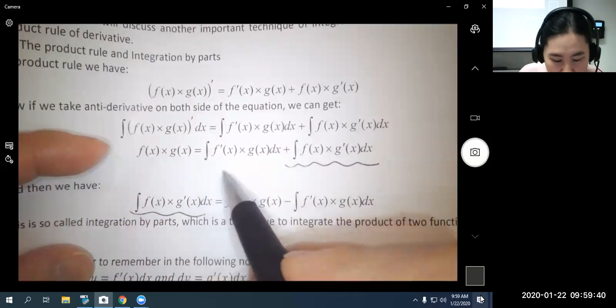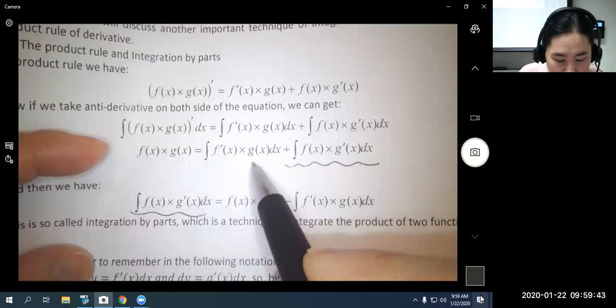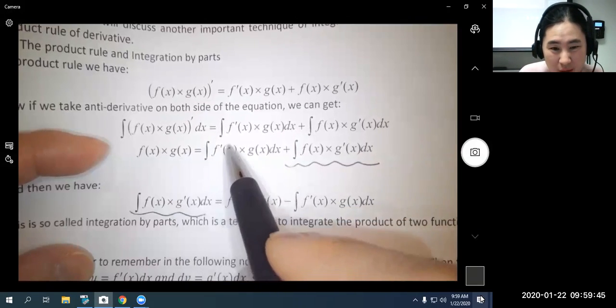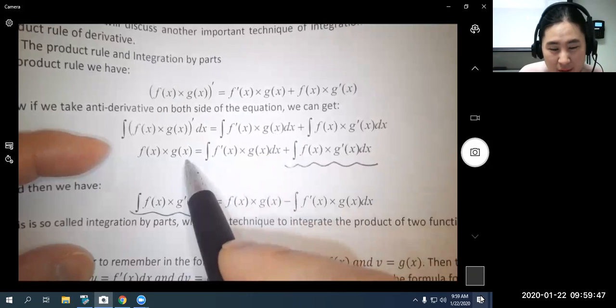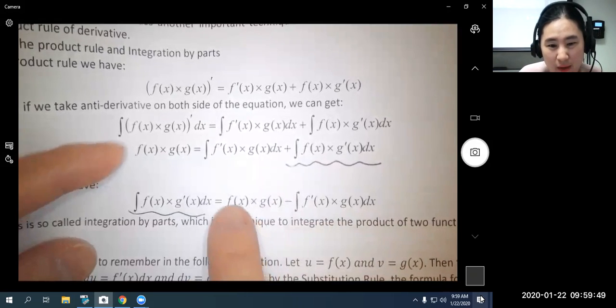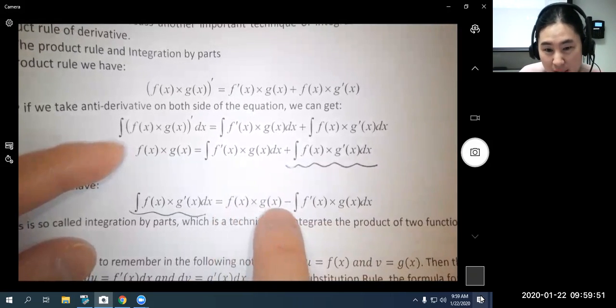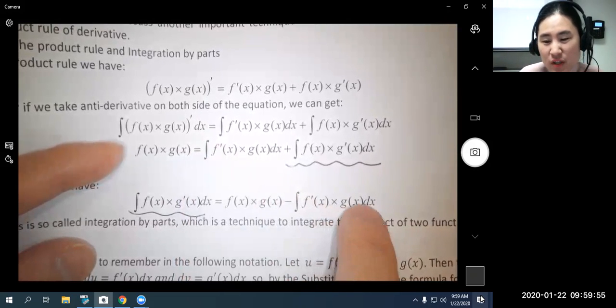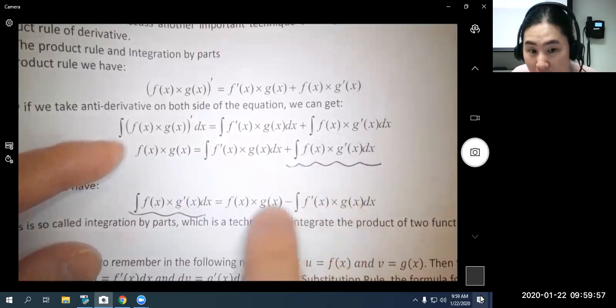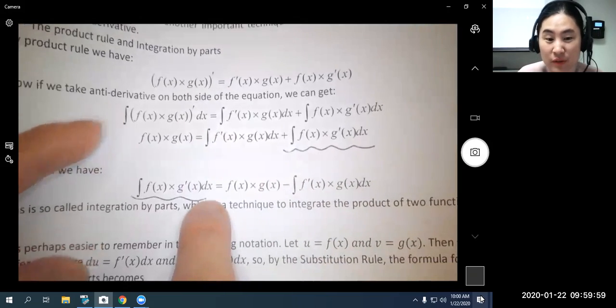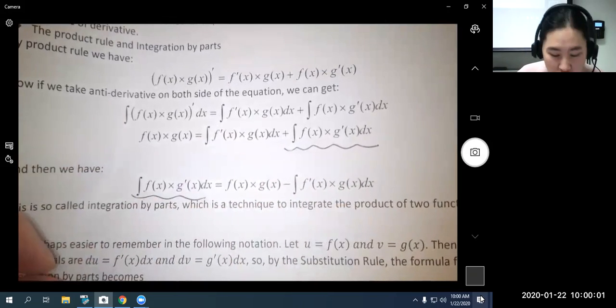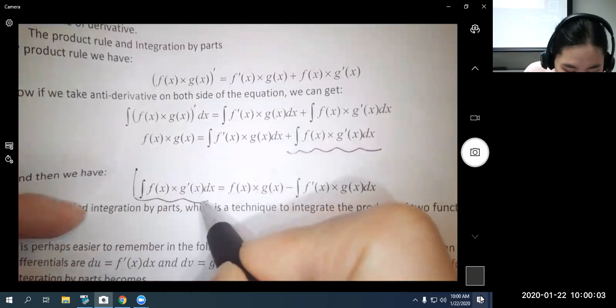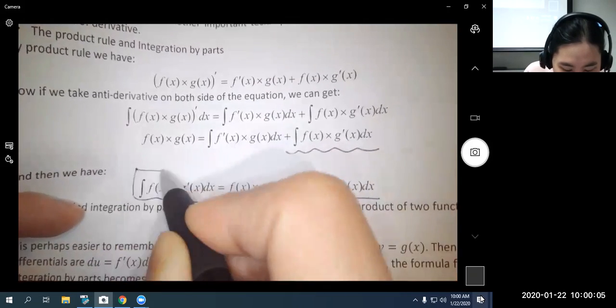We move this term to the other side. So that's how we get f times g minus the integral of f prime times g dx. Do you see how we derived this line? All right, so this formula we call, it is what?